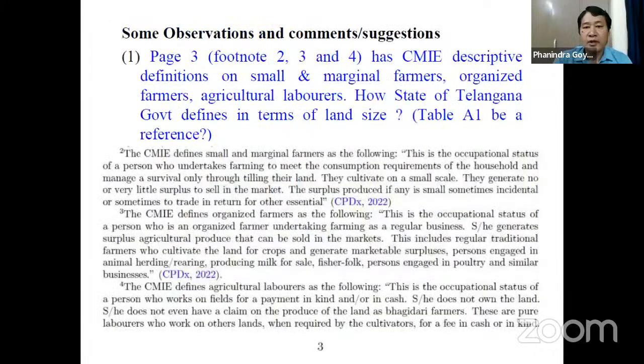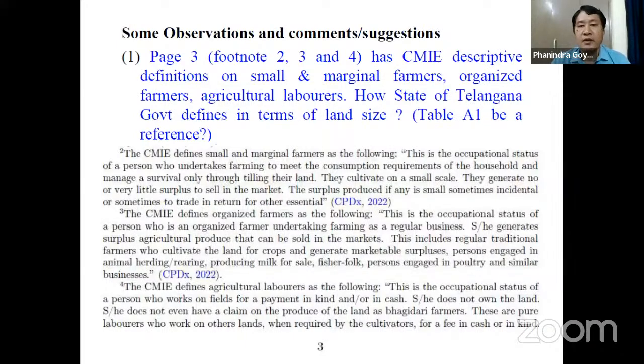Now with these few words, let me go to some of my observations. On page number 3, related to footnotes 2, 3, and 4, which are basically CMIE's descriptive definitions of small and marginal farmers, organized farmers, and agricultural laborers, these are nice.